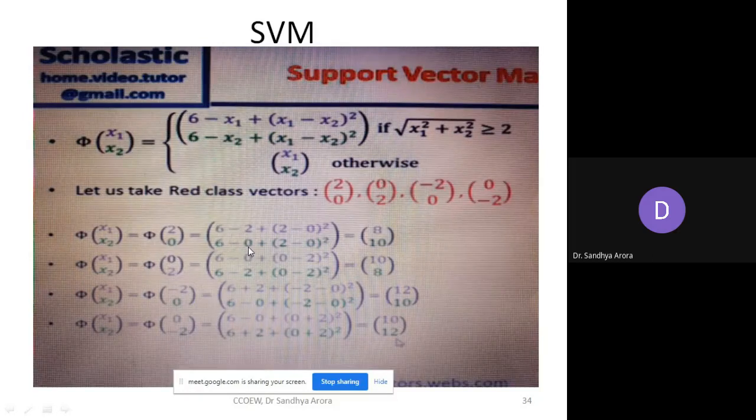And 6 minus 0, x2 is 0, x1 is 2 minus 0, x2 is 0, so this value is 10. Okay, so you can see the 2 0 point is mapped to 8 10. The 0 2 point is mapped to 10 8. -2 0 is mapped to 12 and 10. 0 and -2 is mapped to 10 and 12.